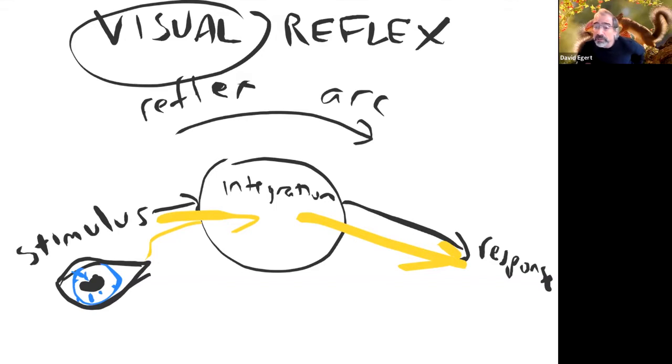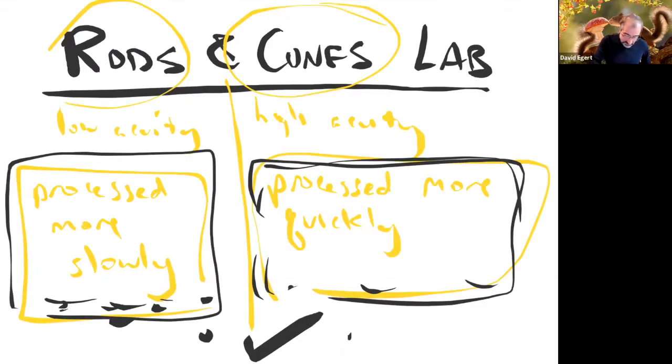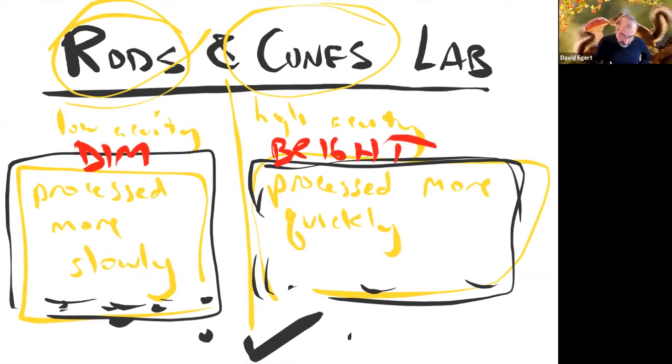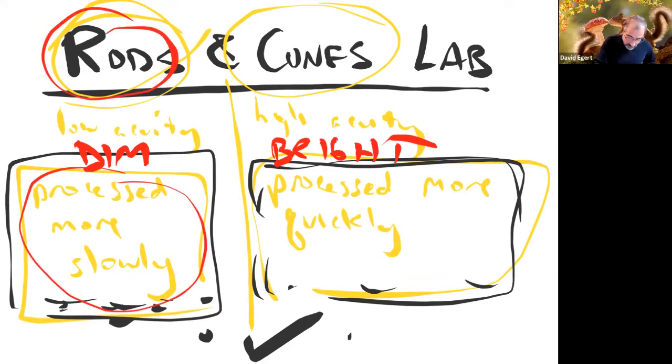So what we can do now is think about this. If rods are functioning in dim light, and cones are functioning in bright light: in dim light, you are using rods, and rods process that visual information more slowly.